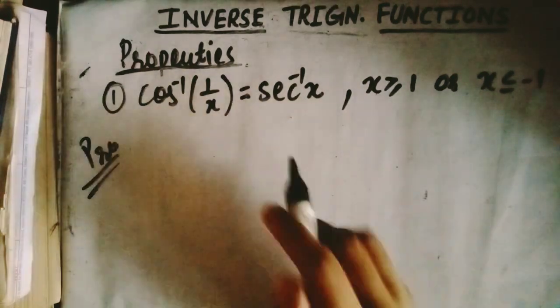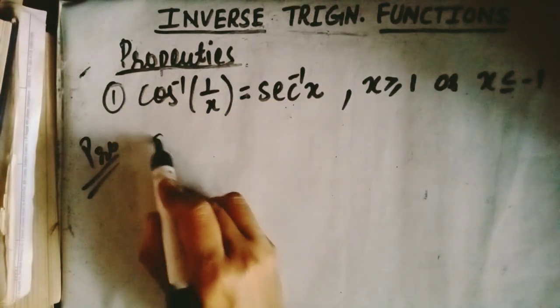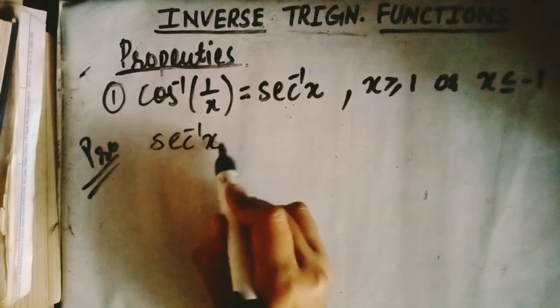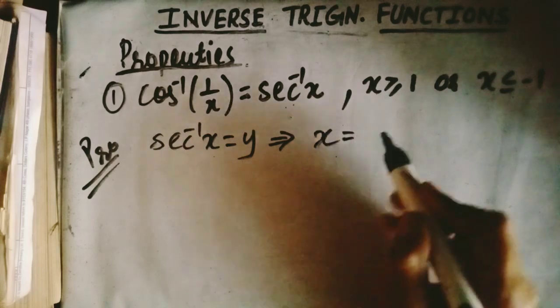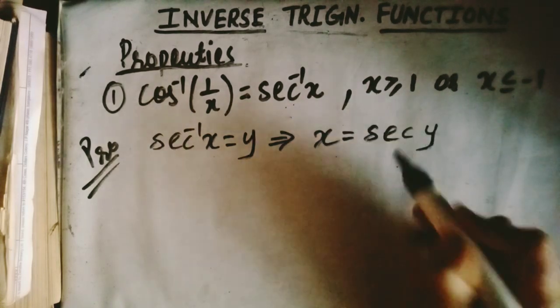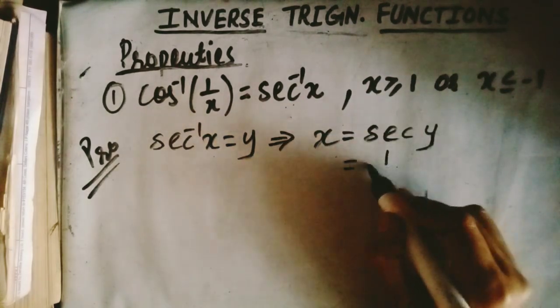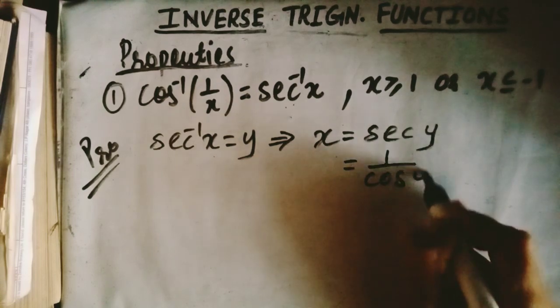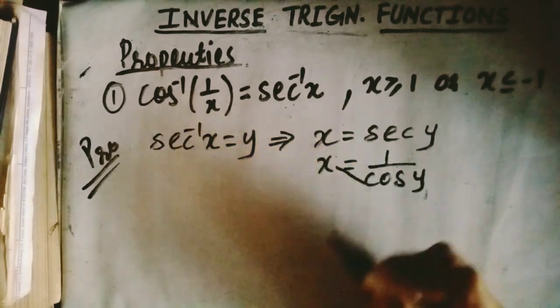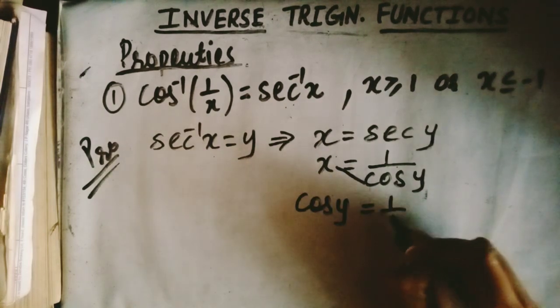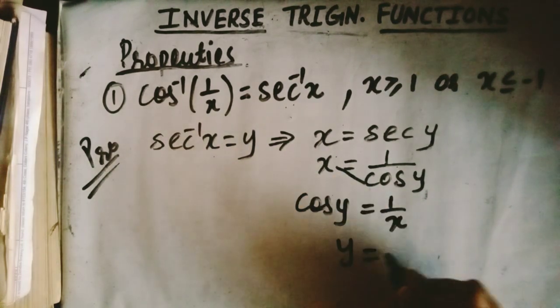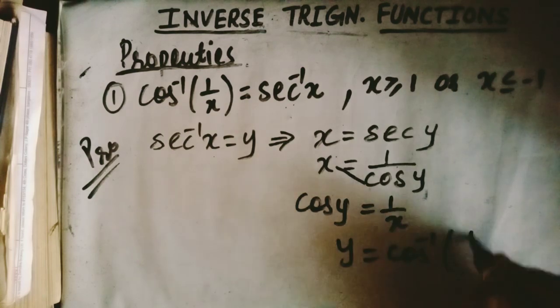The same way you have to prove this also, that is you have to take sec inverse of x equal to some y. So we can write x equal to sec of y. Sec of y you can write 1 upon cos of y. Then multiplying this you will get cos of y equal to 1 upon x. So y is cos inverse of 1 by x.